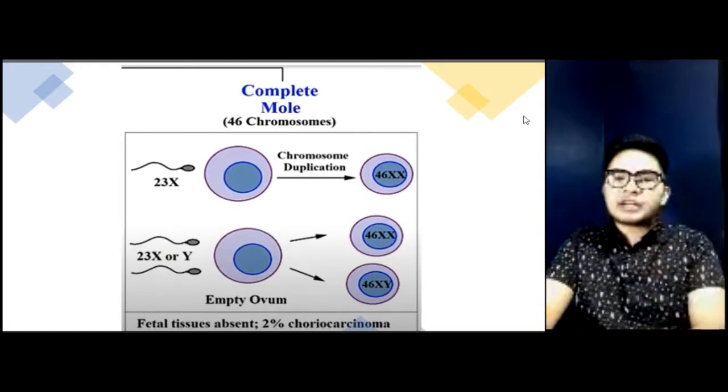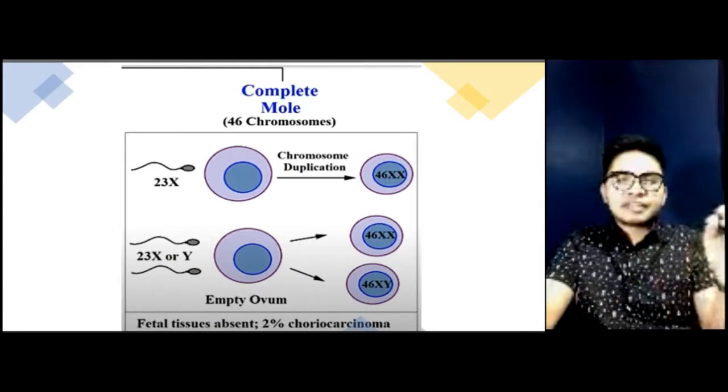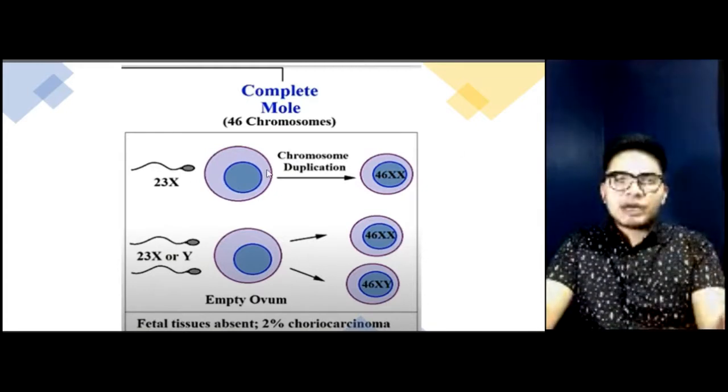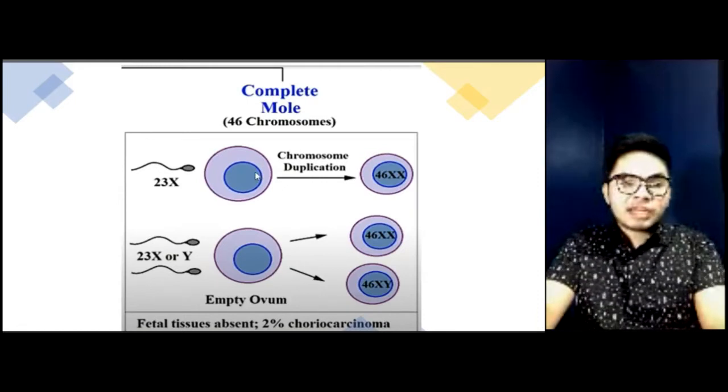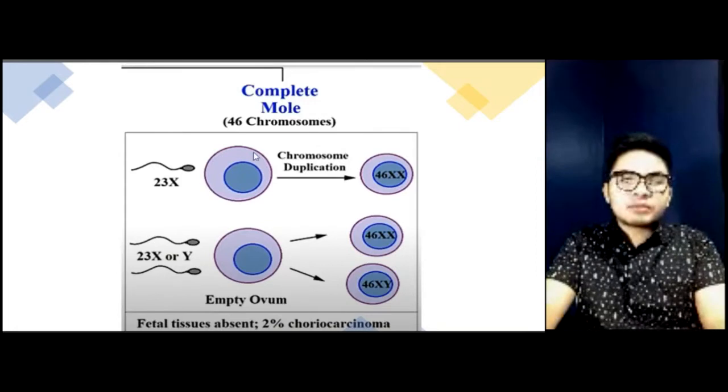As the 23 chromosome sperm fertilizes an empty egg, what happens to the sperm is that the 23 chromosomes duplicate itself. Kaya nga meron yung tinatawag na chromosome duplication. So the 23 chromosomes would become 46. The example here in the picture is 23X.